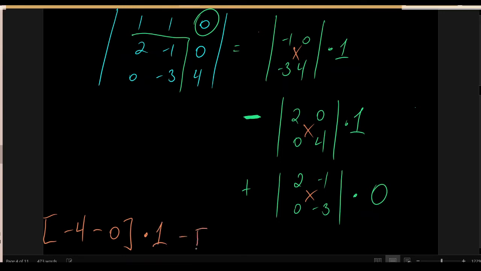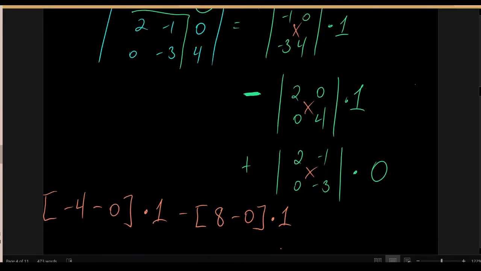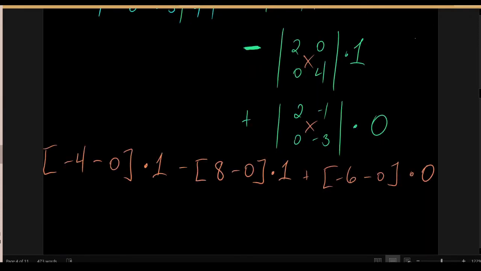Then subtract 2 times 4, which is 8, minus 0 times 0, result 0, times 1. And then the last determinant, we have 2 times -3, -6, take away 0 times -1, result 0, times the number 0.